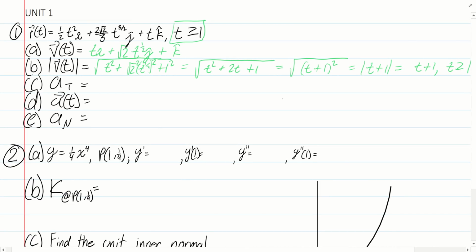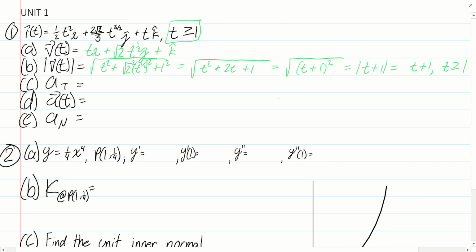Now, a of t is a sub t, so this is the tangential acceleration. So this would be the derivative of speed, because speed is your tangential magnitude, and this is how you calculate it, by taking the derivative of the magnitude of v of t.